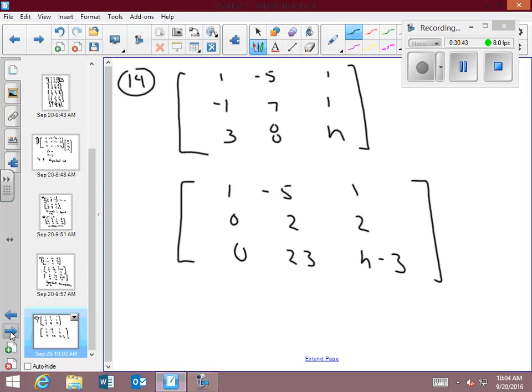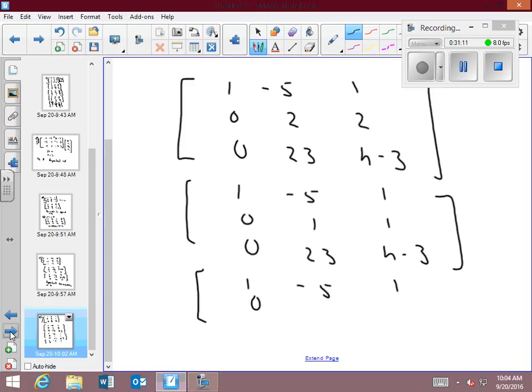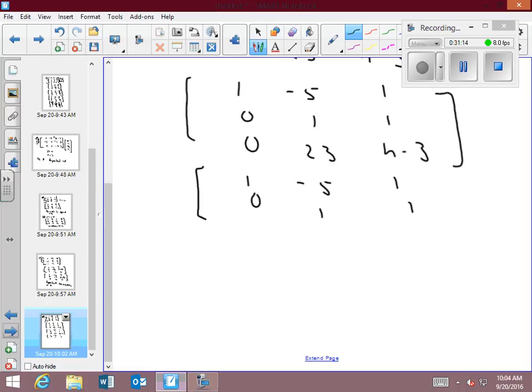I think what I'm going to do is divide this one by 2 so we can get a one. Multiply this row by -23.